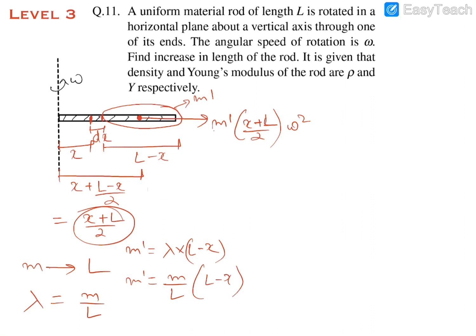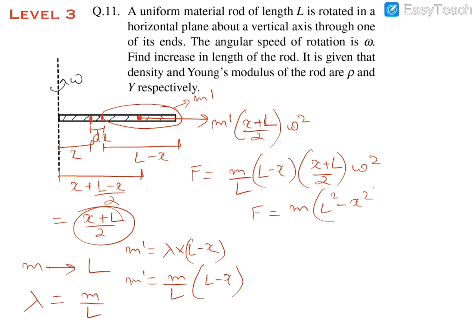So the centrifugal force F will be m by L into (L minus x) into (x plus L by 2) into omega square. So F will be equal to m into (L square minus x square) upon 2L into omega square. This is the centrifugal force acting on this complete part, and this force is pulling this dx.